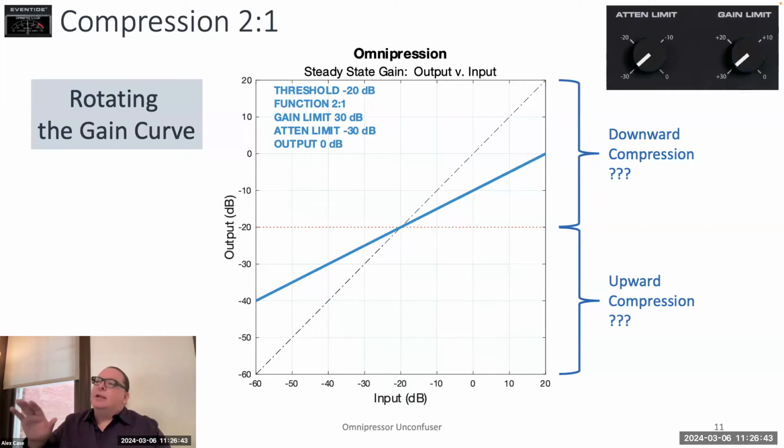And so this might give us ideas for ways to tame the dynamics of a signal that are a little bit different from how we might use an 1176 or a DBX 160. For example, I think a great use case for the Omnipressor is this sort of compression, where you have a track, a solo or a vocal. Let's do a podcast.